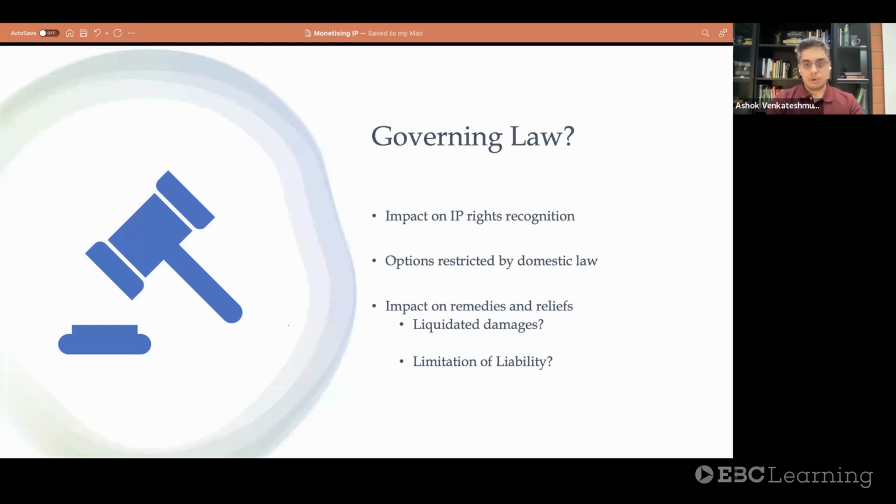Now, this particular moral right, I may not always be able to sell depending upon which governing law is actually governing the contract. So if, for example, we are dealing with English law or Indian law, what we typically do is we say that, look, of course, we want to transfer all the moral rights as well, but in the event the moral right is not transferable due to its inherent legal limitations, then I, as the owner of the moral right, hereby undertake that I waive off my right to enforce it, right?